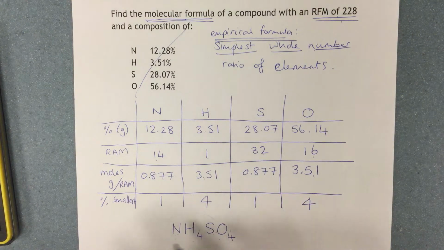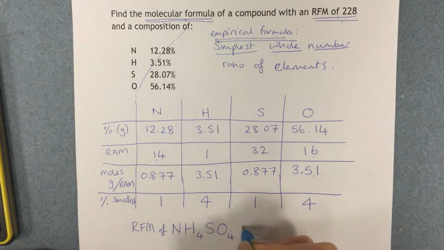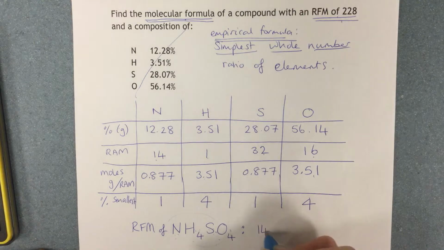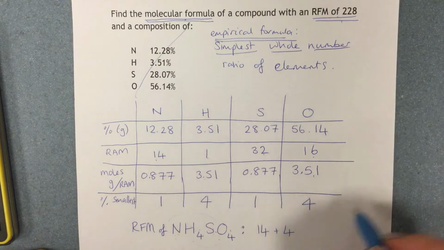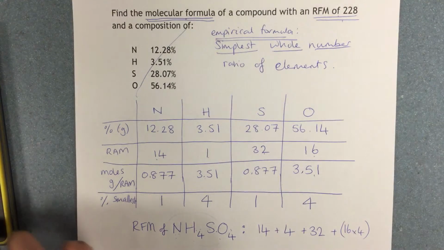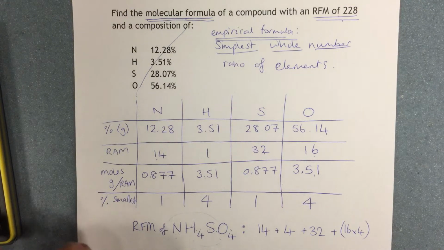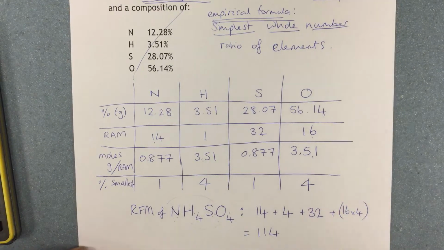Going back, here are my RAMs up here. If I want to work out the RFM of this, it's going to be 14 for my 1 nitrogen, plus 4, because I've got 4 times 1, plus 32, plus 16 times 4 for my 4 oxygens. I work all that out and I get 114 as my RFM for that molecule there.